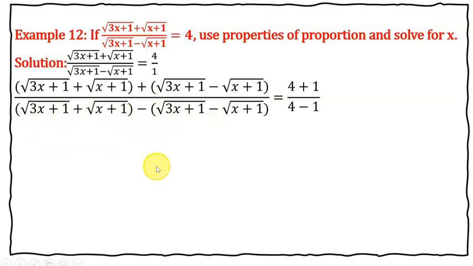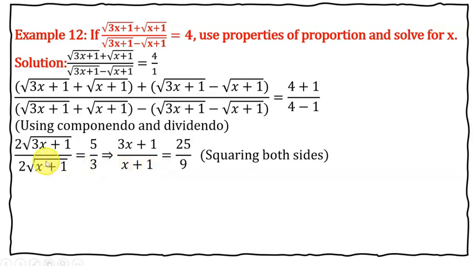This minus and minus will become plus, and overall you will get 2√(3x + 1) upon 2√(x + 1), and that's equal to (4 + 1) upon (4 - 1). You will get 5 by 3. 2 get cancelled.